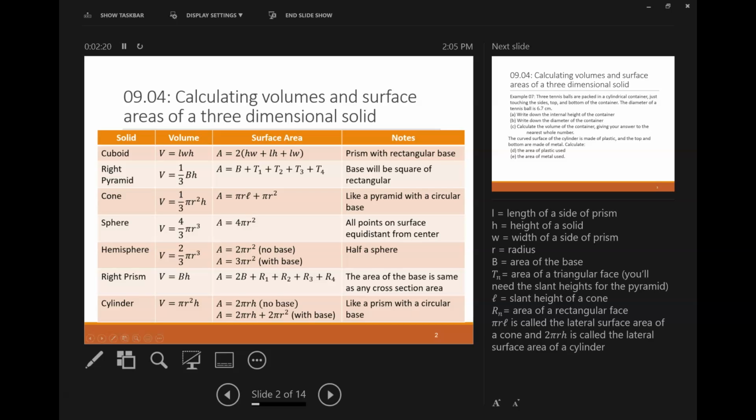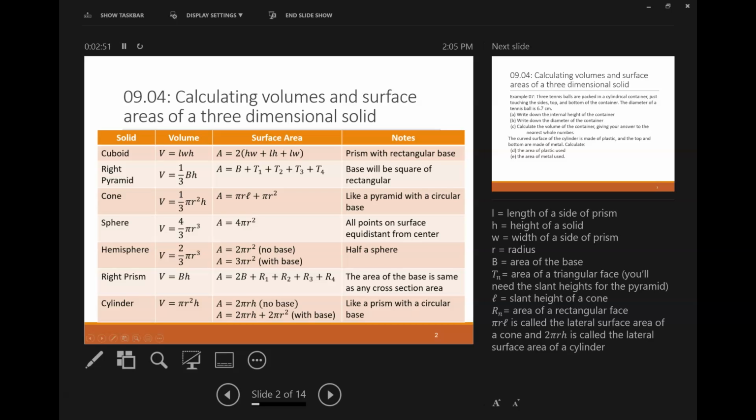The T's are the area of the triangular faces. So in the case that the base is a square, all those triangular faces are the same, right? But if the base is not regular, if it was like a rectangle or something, some of the areas of these triangles would be different. Everybody okay with that idea? But that's what the T is, just the area of a triangular face.